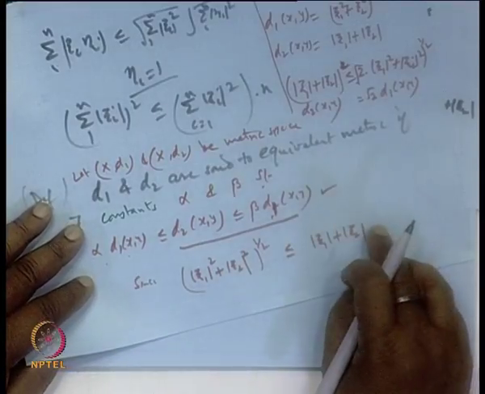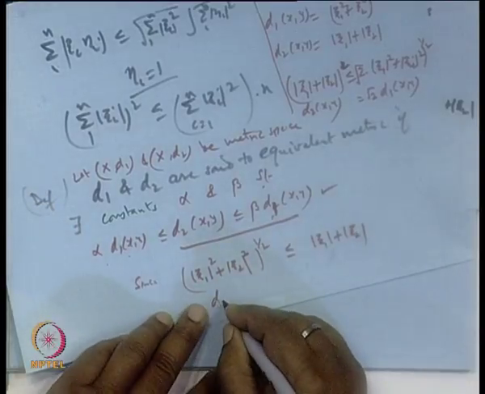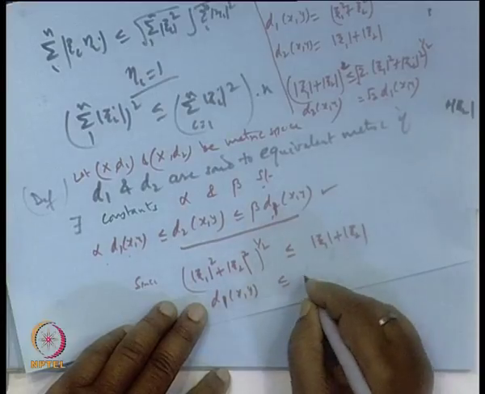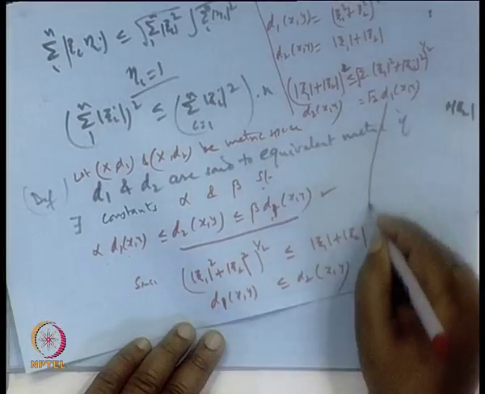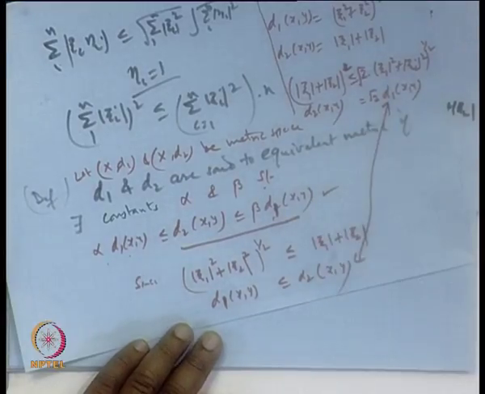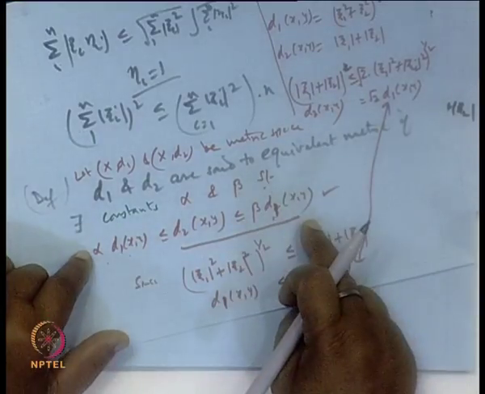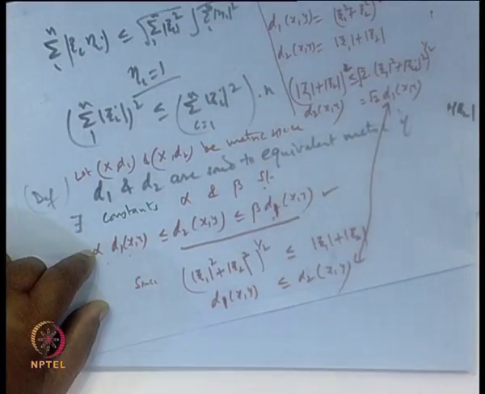Because if I square both sides, then this side will be more. So, basically this is equal to d1(x, y), and this is equal to d2. So, combine these two. What we get is that d2 lies between d1 and d2 with a suitable constant. Therefore, these two metrics are equivalent metrics.